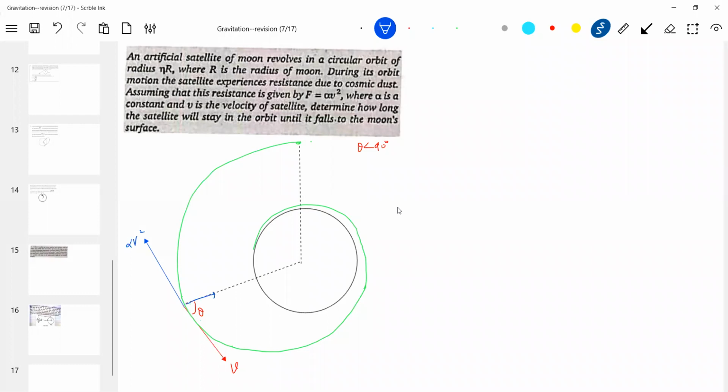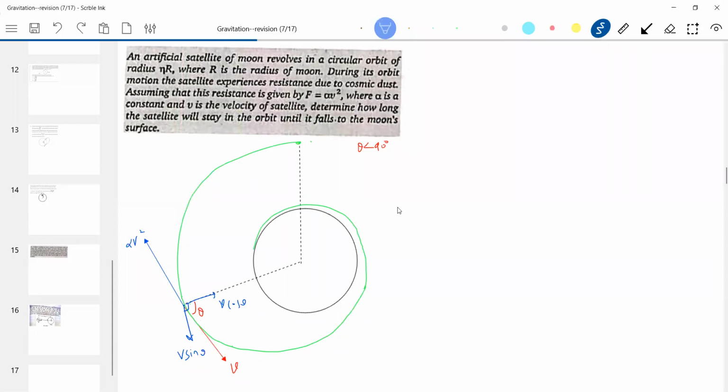One component of velocity will be v cos theta. The other component will be perpendicular, v sin theta. I'm putting 90 degrees, so you should be very careful. V and R will not be perpendicular because of this spiral path.